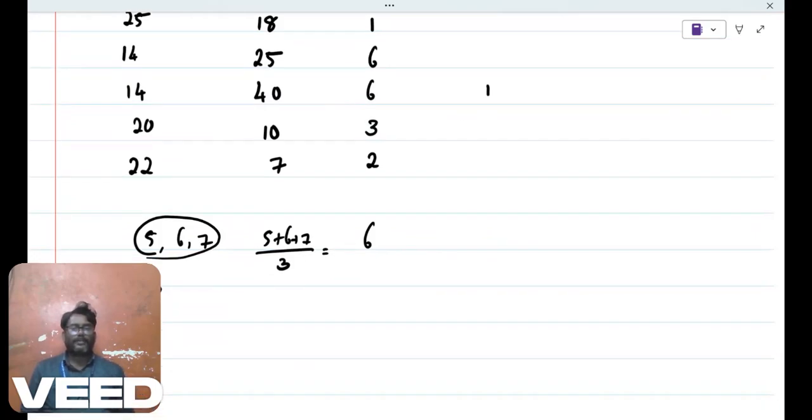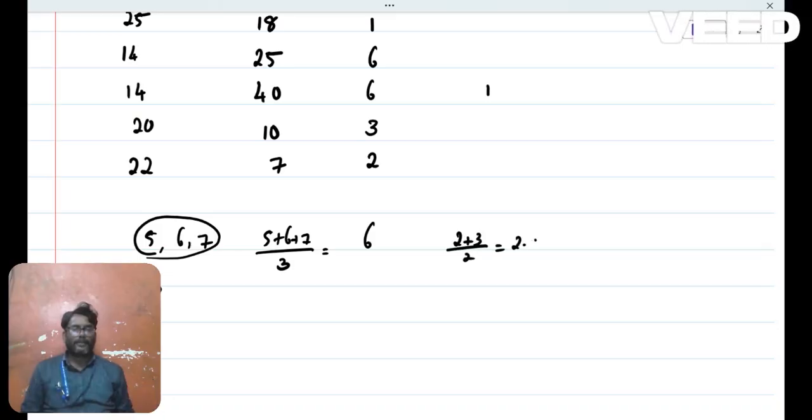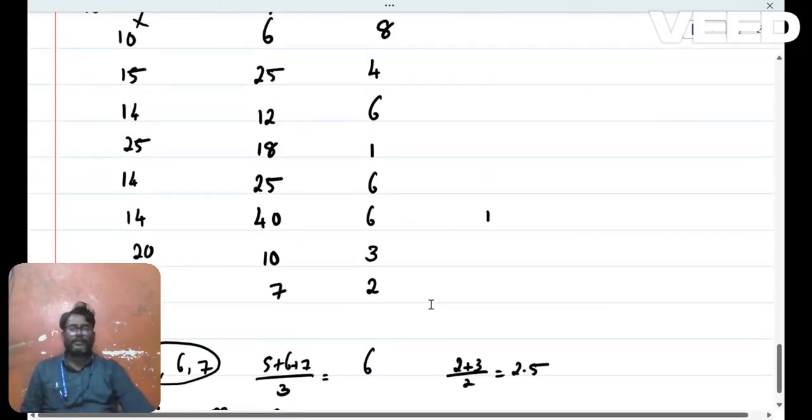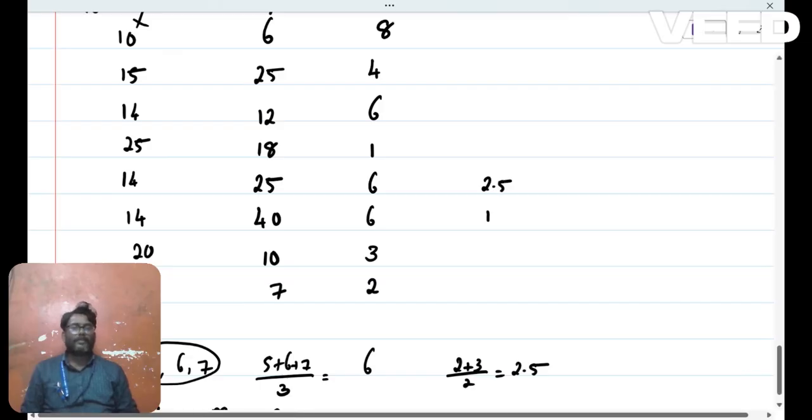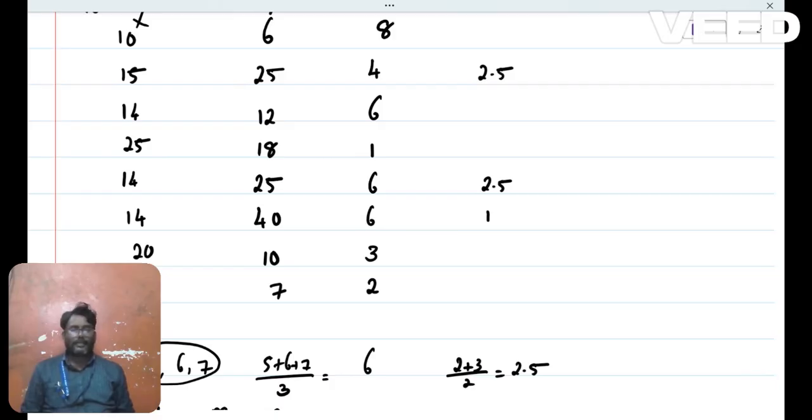So 2 plus 3 by 2 is 2.5. Now the m2 value will be 2, since the rank is repeated 2 times, and we assign 2.5 and one more 25 is 2.5. Next, ranks 2 and 3 are over.